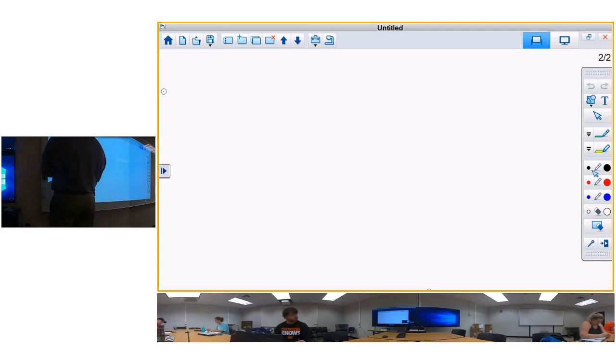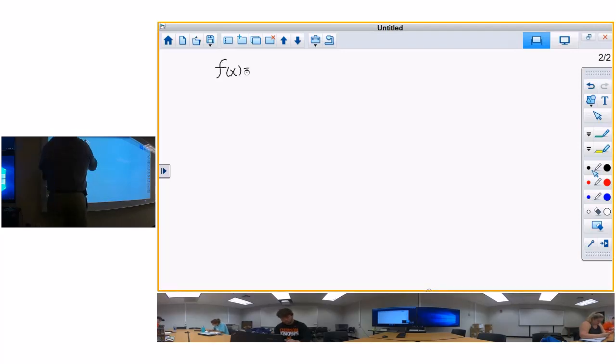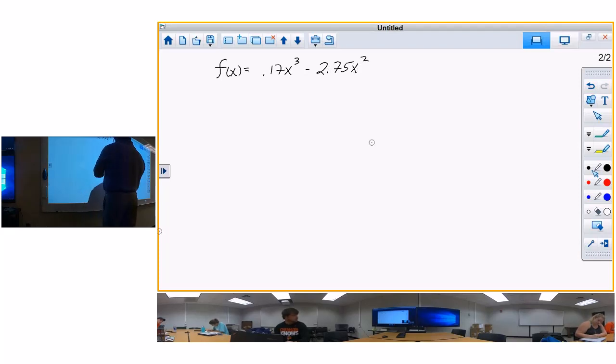Find the area between two curves that do not intersect. F of x is equal to 0.17x to the third minus 2.75x squared plus 9x plus 30.